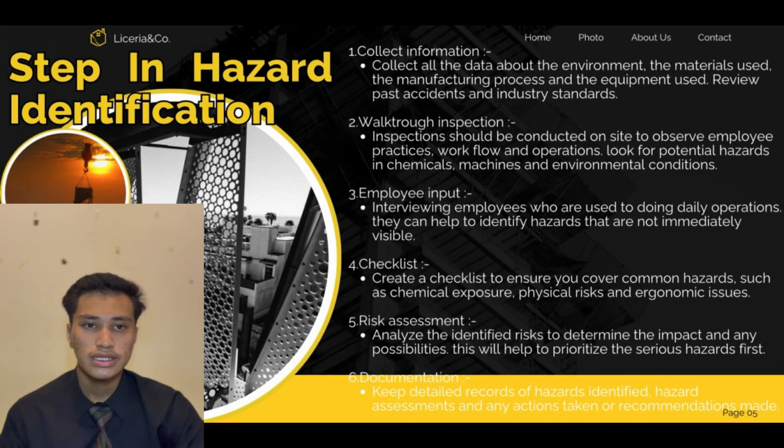Then, risk assessment. Analyze the identified risks to determine the impact and any possibilities. This will help to prioritize the serious hazards first. Last, documentation. Keep detailed records of hazards identified, hazard assessments and any actions taken or recommendations made.